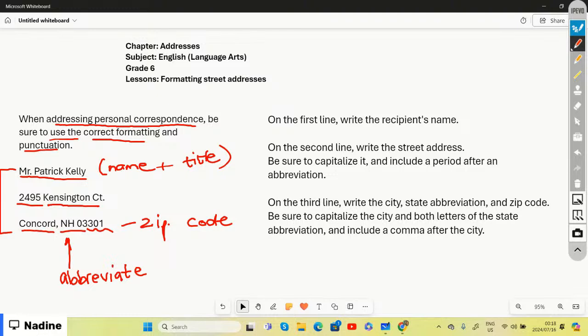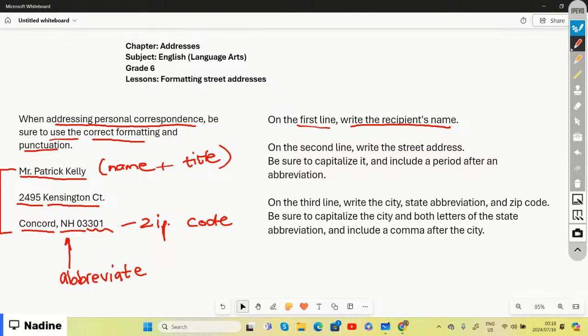All right. So when it comes to formatting and writing our addresses, on the first line, which is Mr. Patrick Kelly, you're going to write down the recipient's name. It's whoever the package is going to be delivered to, basically the receiver of something.